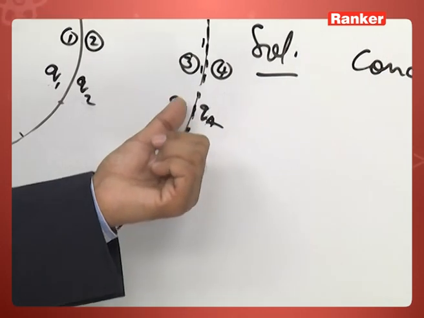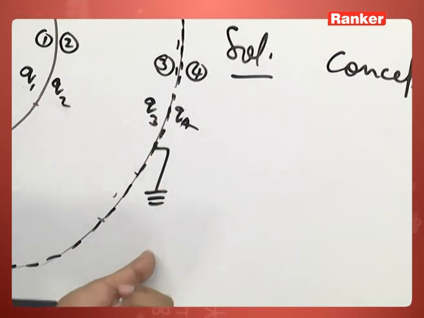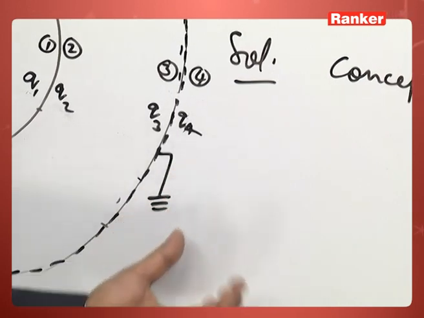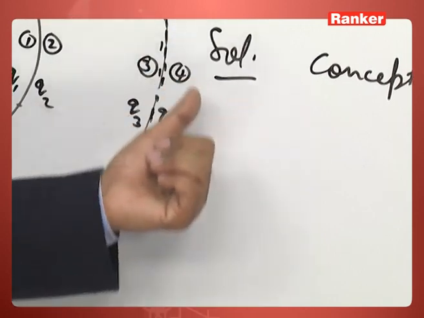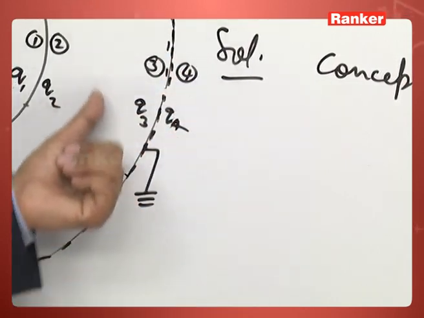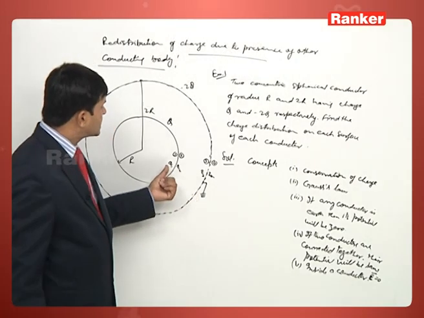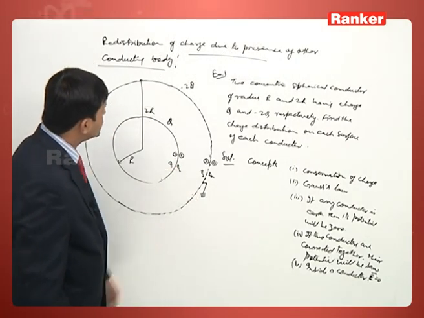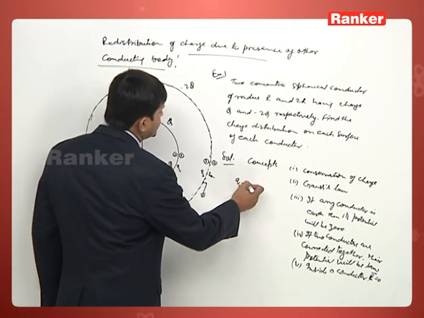Why? To make the potential of this shell 0, some charge has gone or has come from earth to this conductor. That's why charge on this shell will not remain constant. So the only thing is that charge on the inner shell remains constant. So for the inner shell our equation will remain the same.